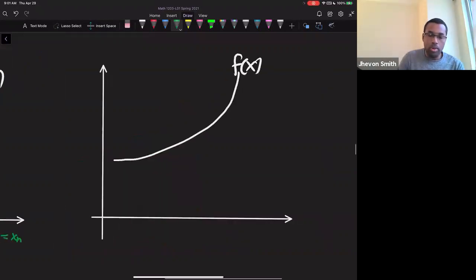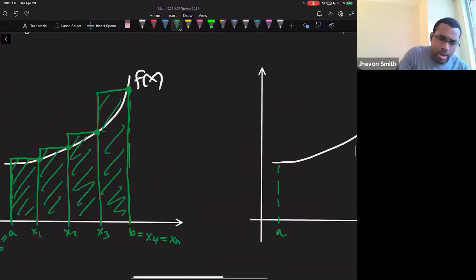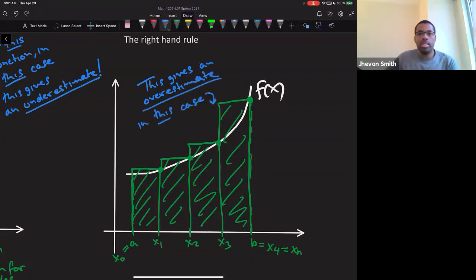There is something else called the midpoint rule, where again you start with the same idea. You want to find the area from a to b. It should be clear here that the right-hand rule gives an overestimate in this case, because clearly the area under the rectangles is going to be larger than the area under the actual curve.